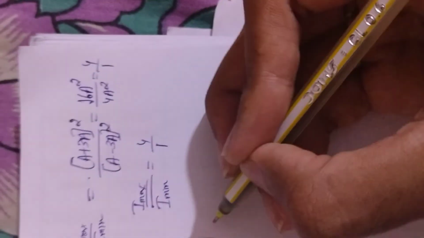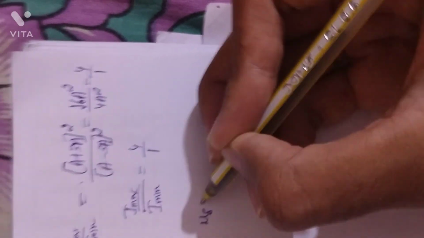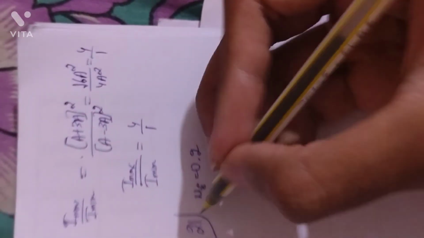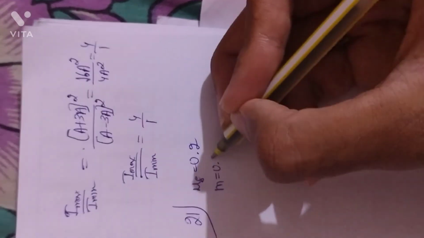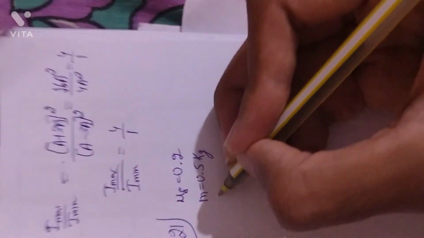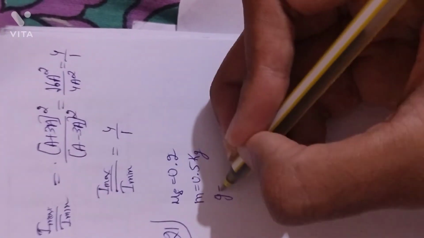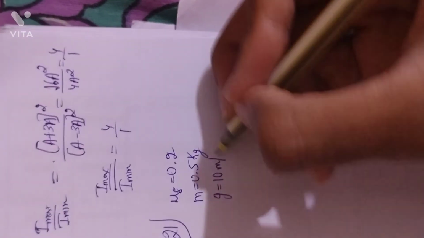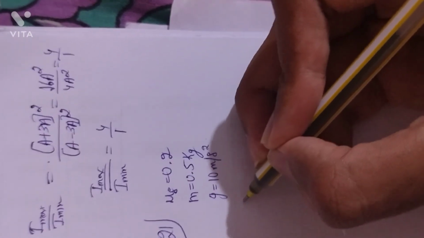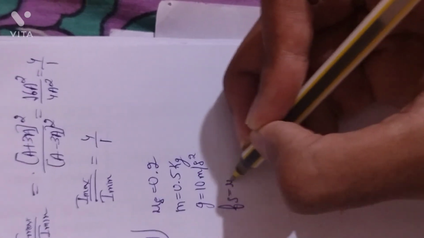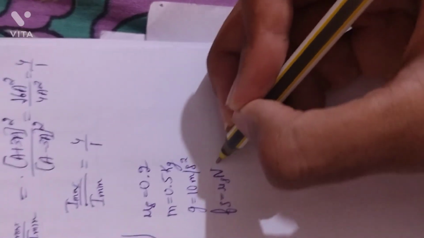They have given mu s is equal to 0.2, then mass m is equal to 0.5 kg, then g is equal to 10 meters per second squared. So as we know, fs is equal to mu s N, equation 1.